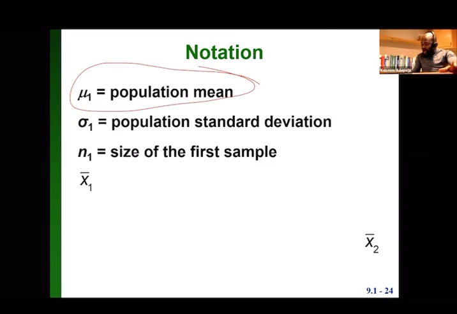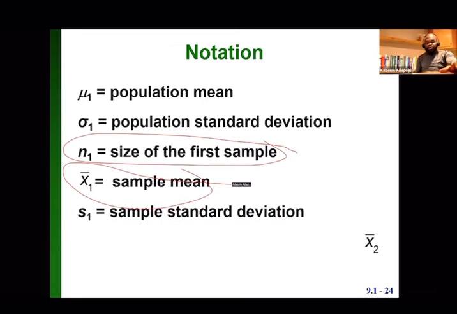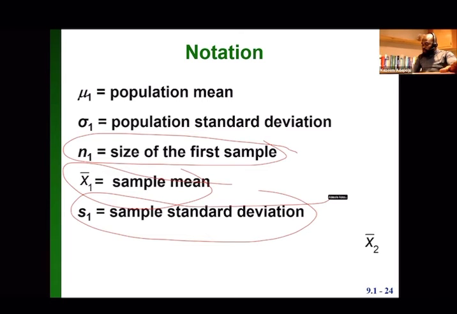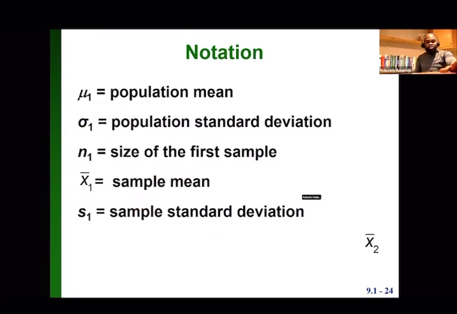We don't have the resources for that. Because of that, we're going to take a sample, and from the sample we're going to obtain the sample mean. Then we're going to get a sample standard deviation. In a situation where the population standard deviation is not given, we're going to obtain the sample standard deviation.